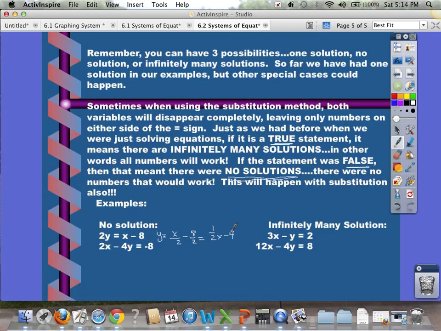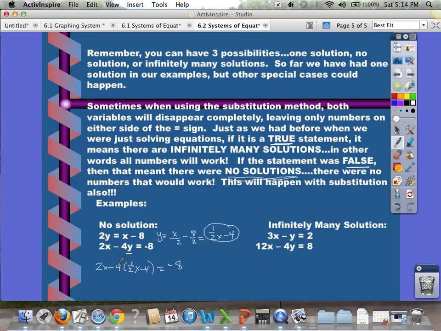This is what y is. Okay, so if I substitute that in for y, I would get 2x minus 4 times 1/2 x minus 4, and that's going to equal negative 8, right?